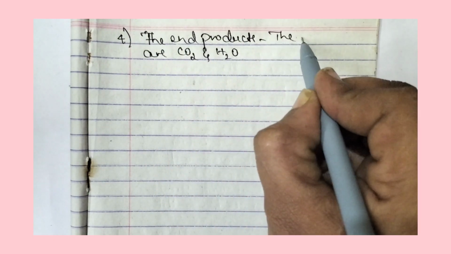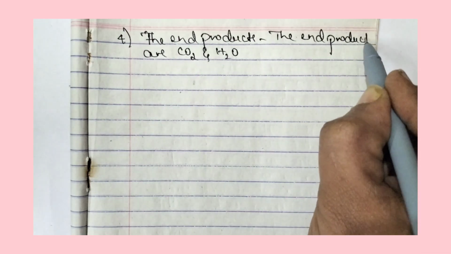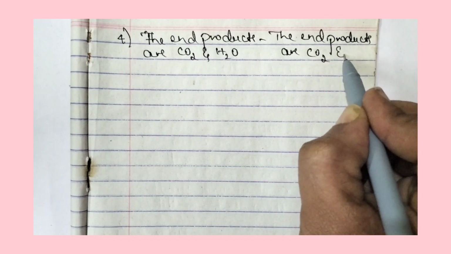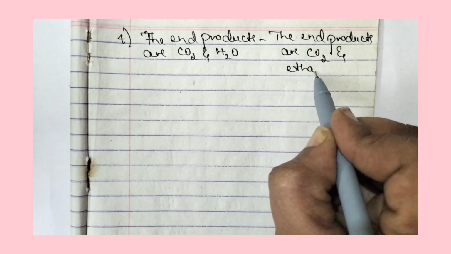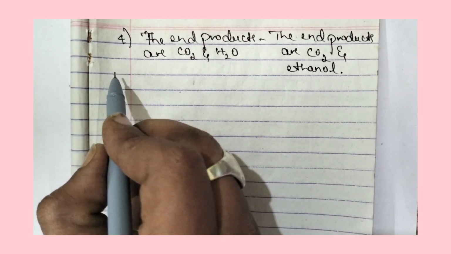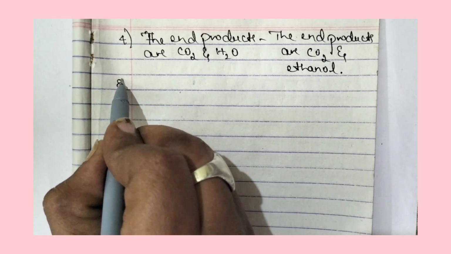In anaerobic respiration, the end products are carbon dioxide and ethanol. So like this we have to differentiate between aerobic respiration and anaerobic respiration.